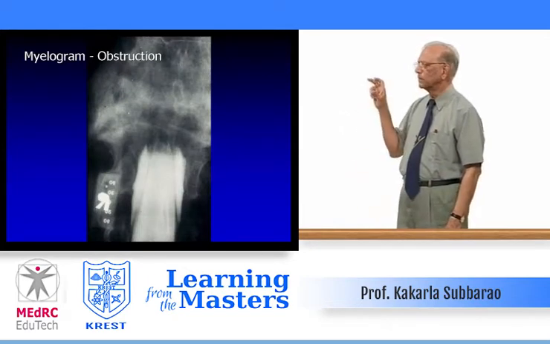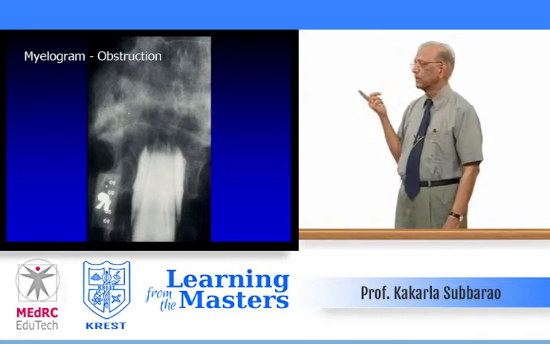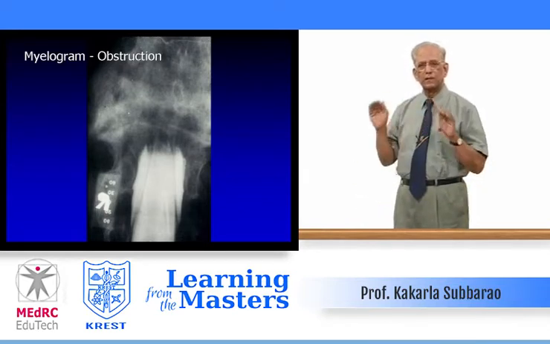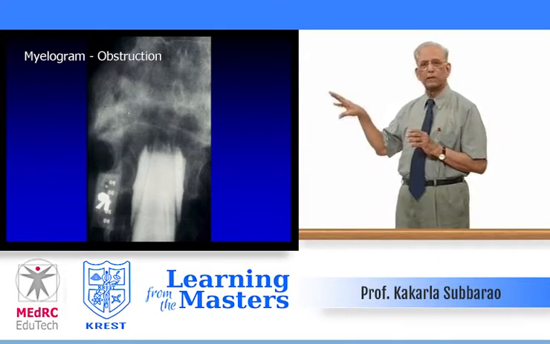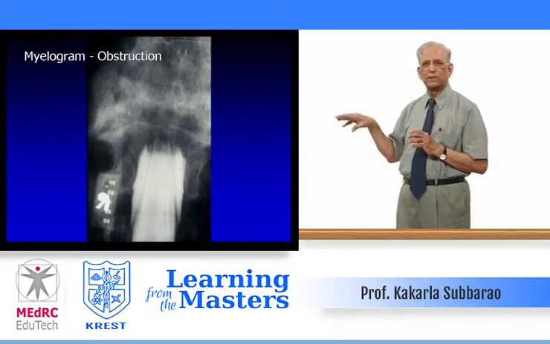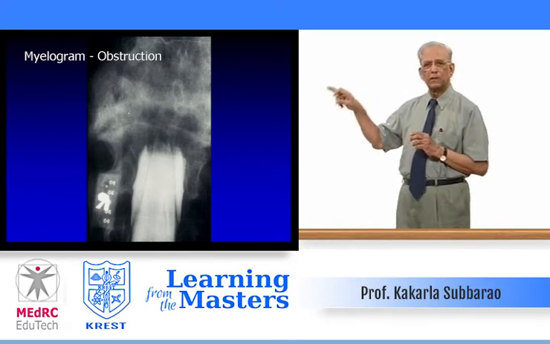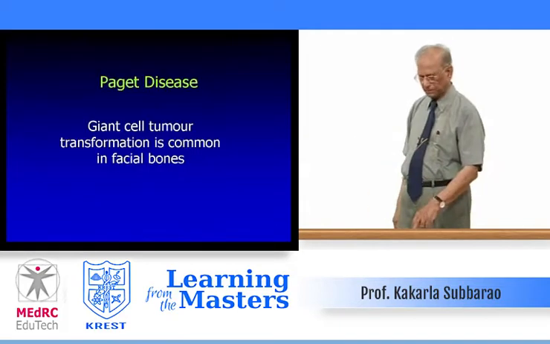And then myelogram, complete. In fact, we had a case at Osmania General Hospital. He came with a paraplegia because the enlarged vertebra due to Paget disease of the bone encroaches upon the spinal cord and produces external pressure. The myelogram shows almost complete obstruction to the myelographic column because of the Paget disease.